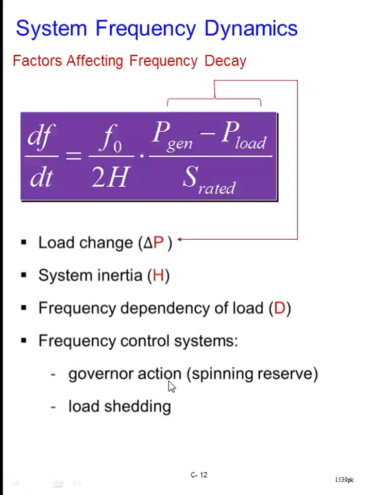One is that if there is a load increase, right, and if you feel that you have sufficient power that could be generated out of the available capacity of the generators, including the spinning reserve capacity in the power plant or in the complete network, it is possible to increase the power generation, and that could be achieved by governor action.